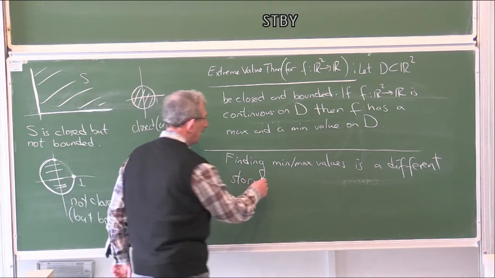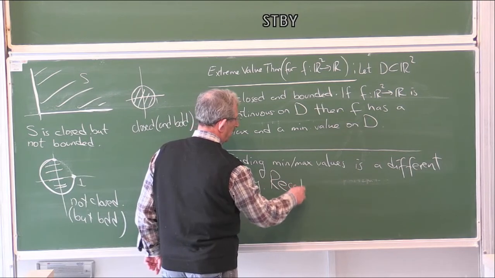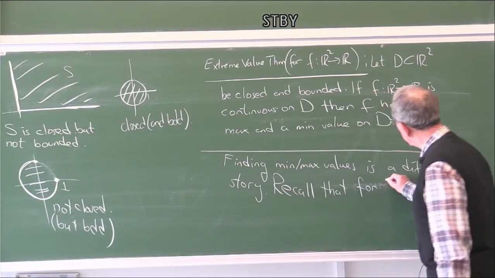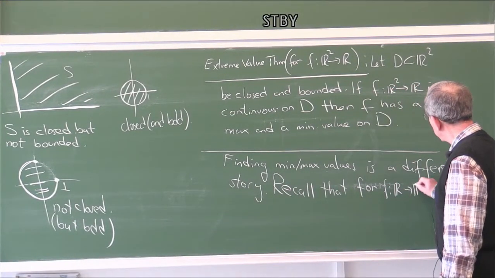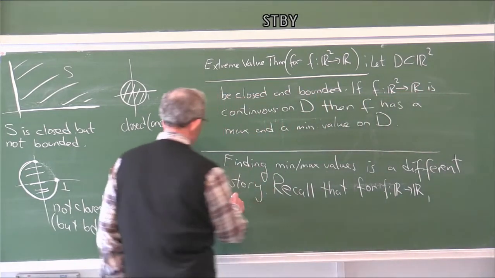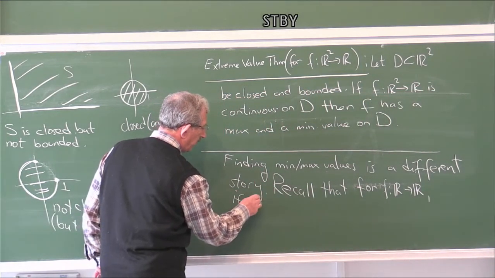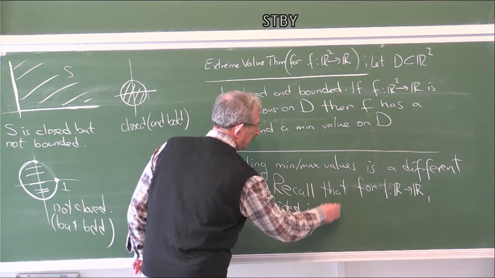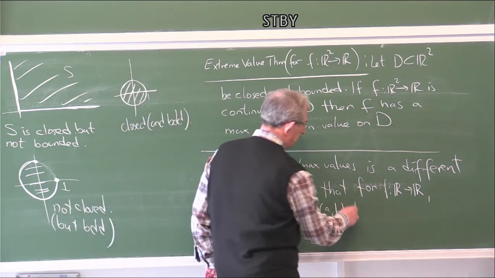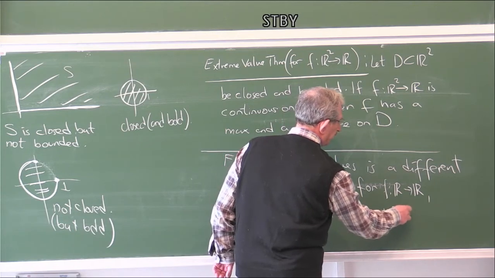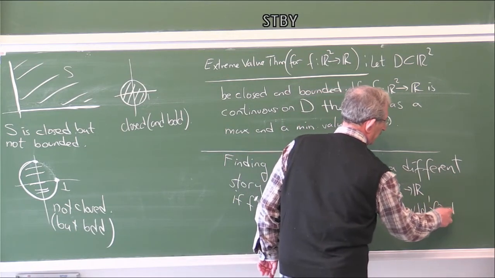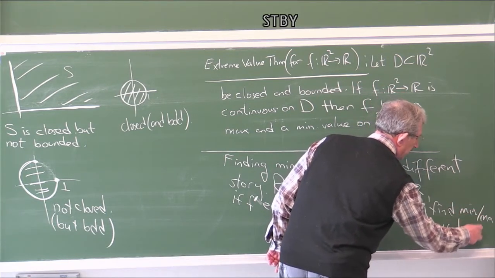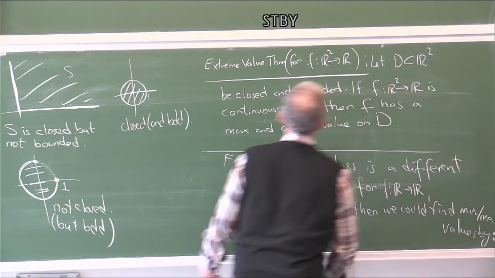Namely, let us recall that for a function of one variable, if f prime existed in (a, b), then we could find minimum maximum values by doing the following.